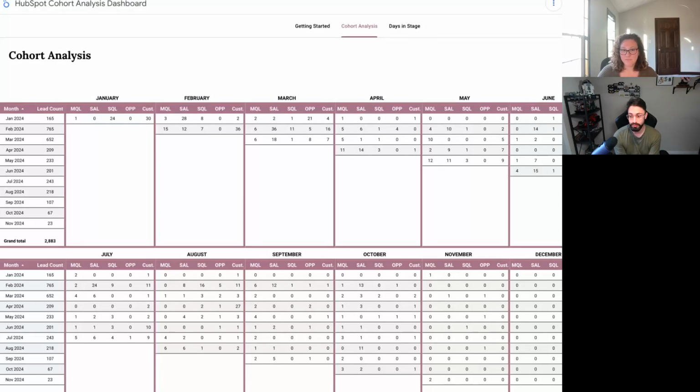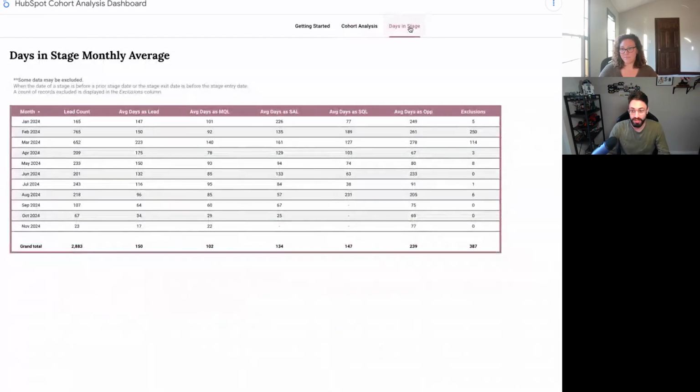And you see those numbers grow and shrink as the tide flows within your business. But that days in stage is really the big part that takes you a level further, knowing that while these numbers are going up, this is able to get you a lot more granular on these individual users and show how long they're there. So maybe you can start making some adjustments.